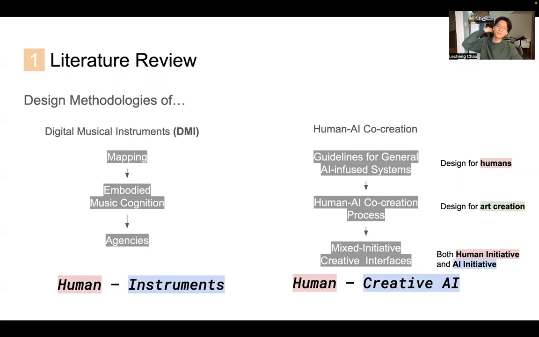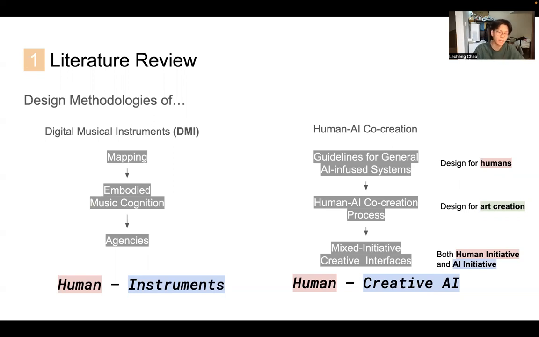First, my literature review coming from the midterm, which I mainly discussed the left part, which is how to design digital musical instruments by starting from, say, mapping, which is a function that maps the gestural inputs of humans like this to the sound output.